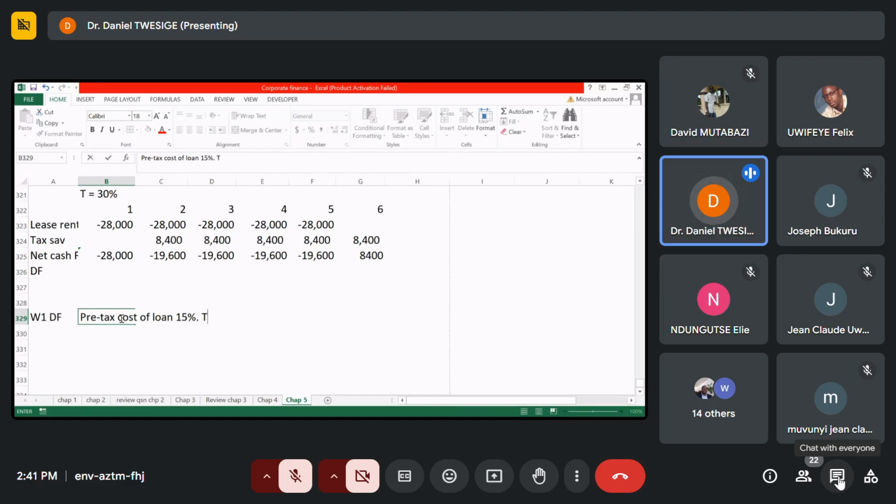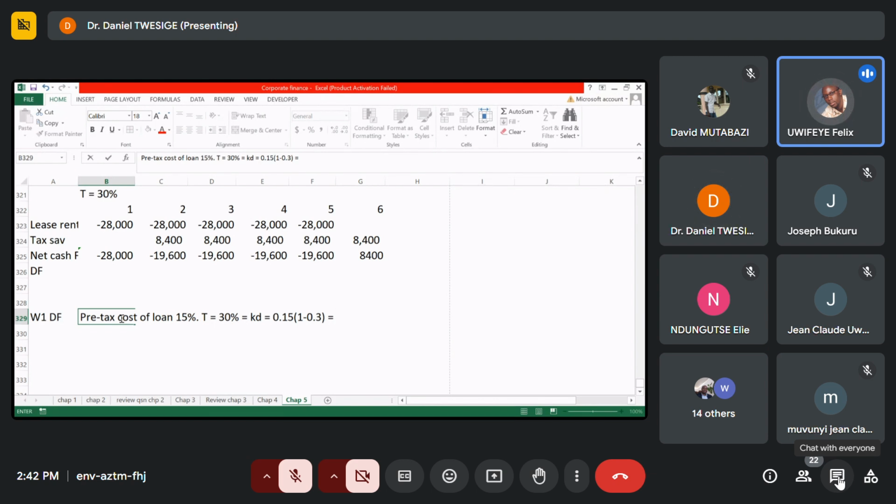I have a tax rate of 30%. Using what we discussed, this is unfloated debt. So it means my KD will be equal to 0.15 times (1 minus 0.3). And I get 10.5%.